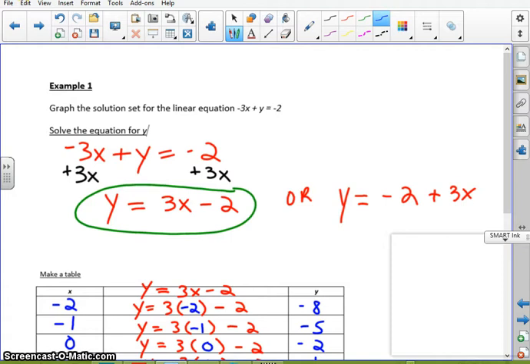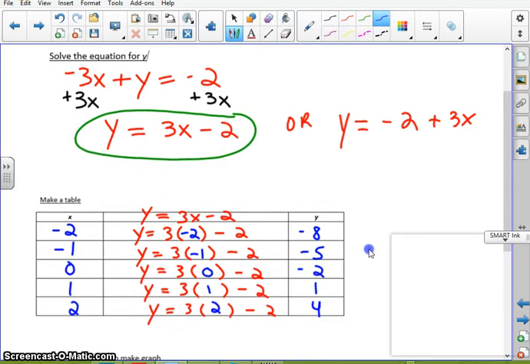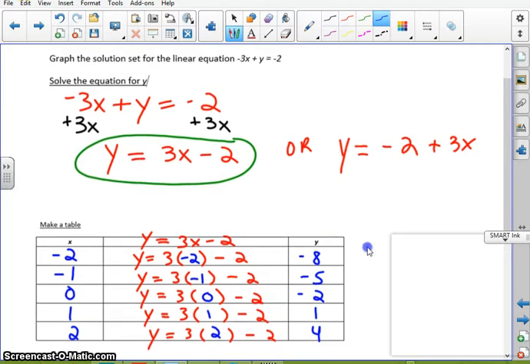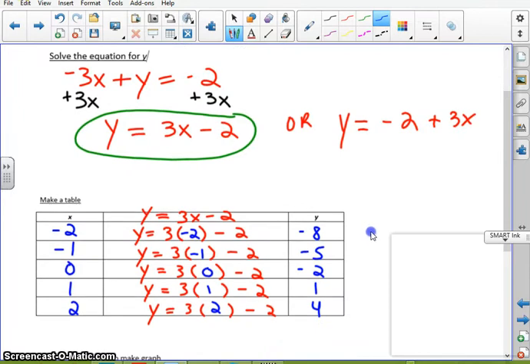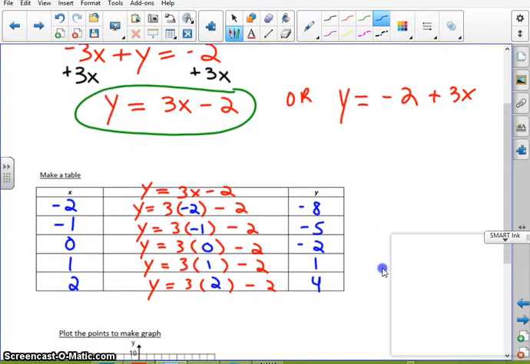Now all I need to do is get some ordered pairs, and I can plot those ordered pairs, then I'll have the graph of my equation. So my ordered pairs are my solution set. What I did here, I chose my x values of -2, -1, 0, 1, and 2.